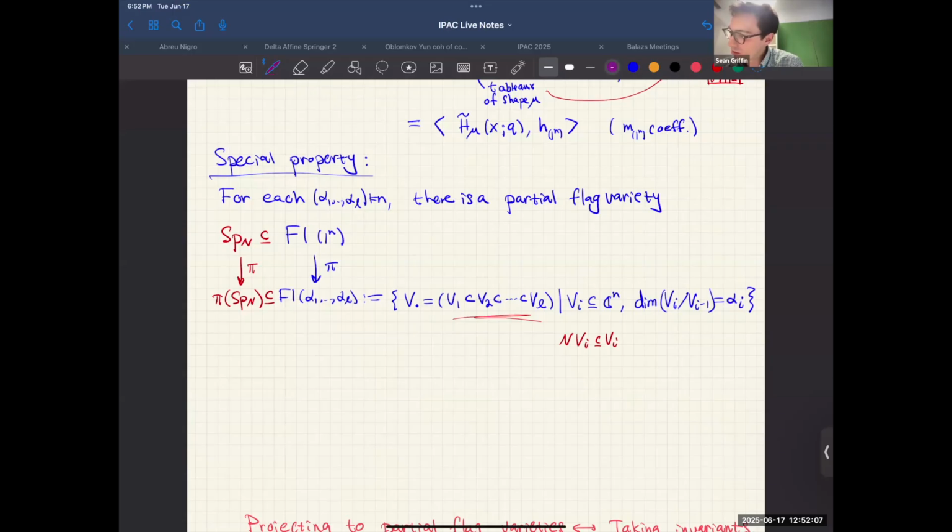So the nice property of the symmetric group action is that when you compute the Poincare polynomial of this projected version, you get the Hilbert series of the invariance under the corresponding Young subgroup.